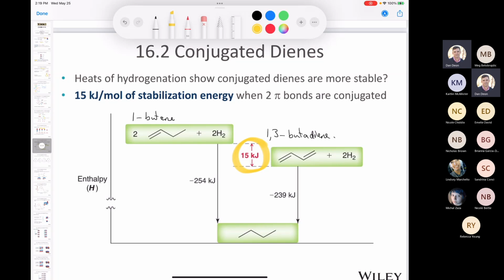What does that mean? If potential energy is increasing going this way, that means that this molecule is more stable, more stable by 15 kilojoules per mole. Why is the conjugated system more stable? Well, it says here that it is more stable, and there's a reason for that, and we're going to talk about that more. But the bottom line is that there's a stabilization when we have double bonds that are conjugated.